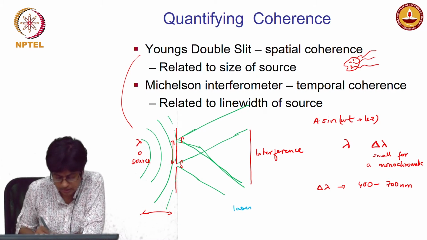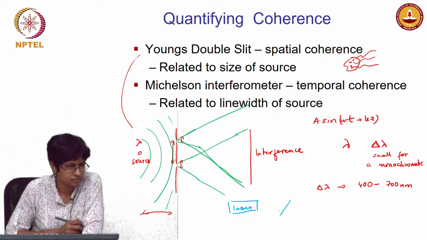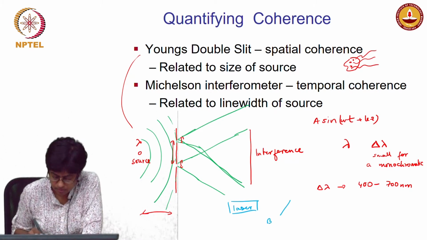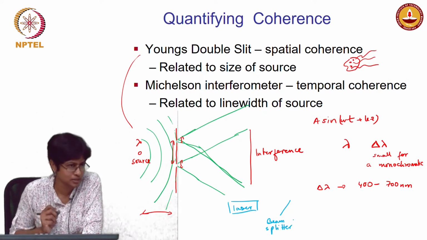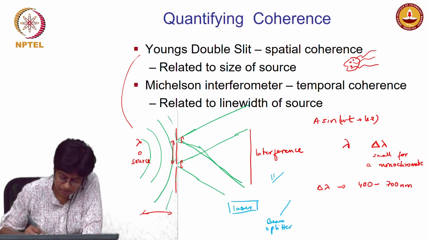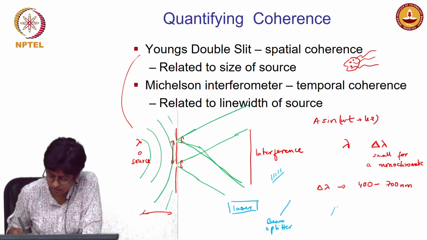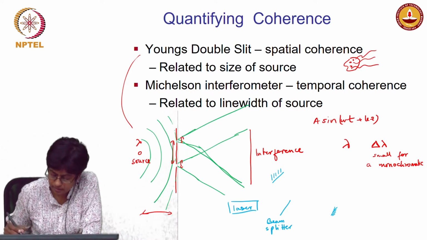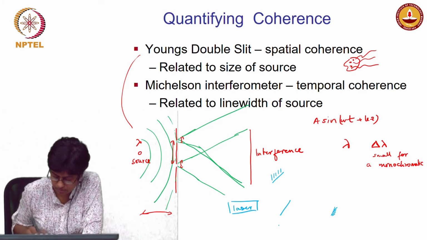So, let us say you have a laser, you have a beam splitter. So, no marks for guessing what it does. Okay. And then you will have a mirror, another mirror, and then, okay, let me remove this. Okay.